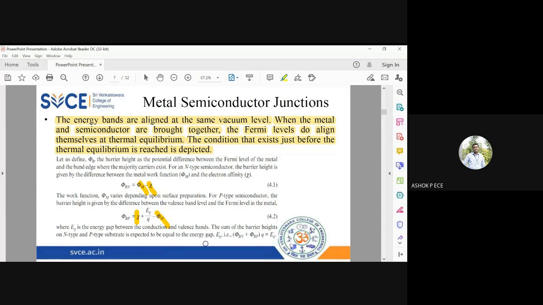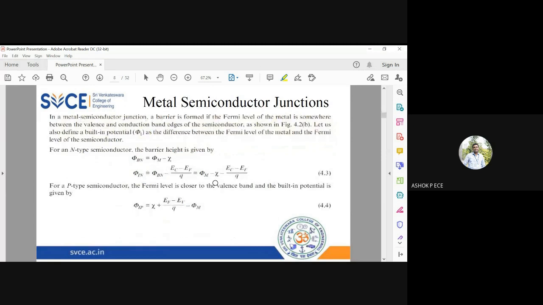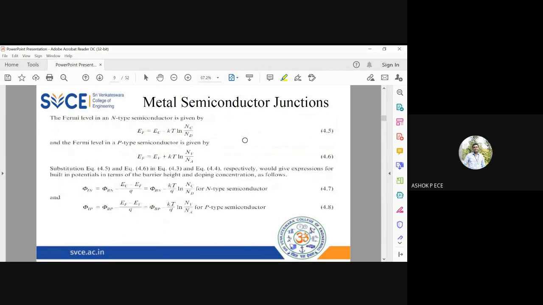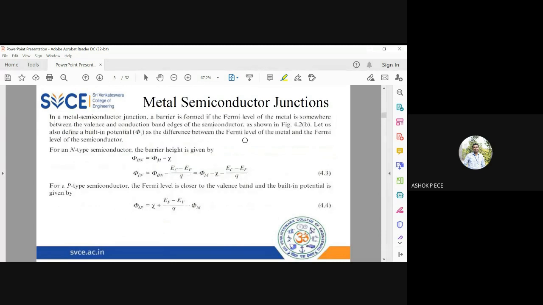Barrier height into charge will be equal to the forbidden energy gap between the N-type and P-type substrate. In metal, we are going to focus only on N-type. We will not be focusing on P-type; where you specifically have a P-type semiconductor, we'll use the equations for P-type. Otherwise, we'll go with only the N-type semiconductor junction.